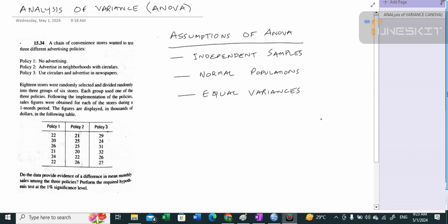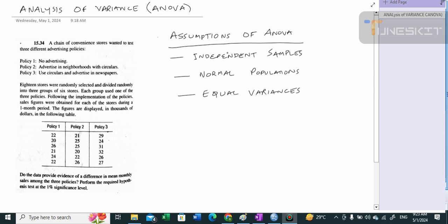Later on, they recorded the sales amount on the basis of the three policies in all 18 stores, grouped in three different sets.